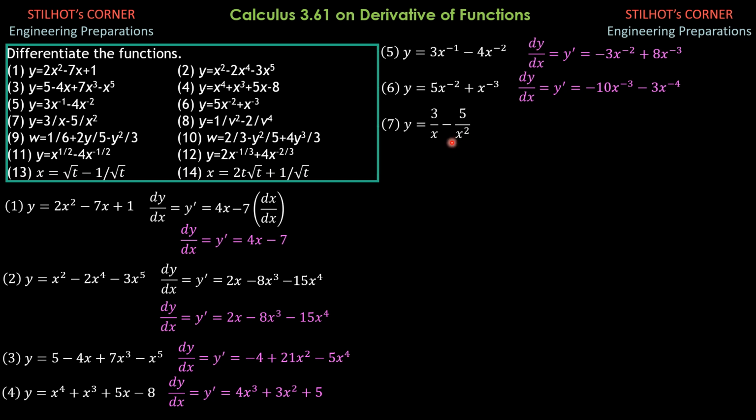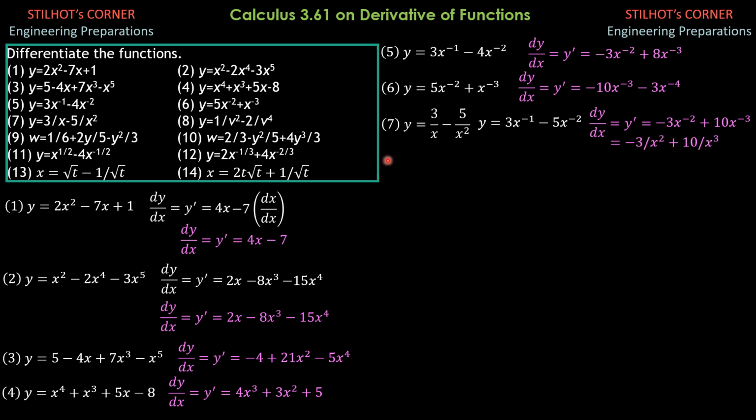So this is transformed into 3x to the negative 1, then minus 5x to the negative 2. So 3 times negative 1 is negative 3, so negative 3x to the negative 2, then negative 5 times negative 2 is 10, so 10x to the negative 3. So dy dx, which is equal to y prime, equals negative 3x to the negative 2 plus 10x to the negative 3.